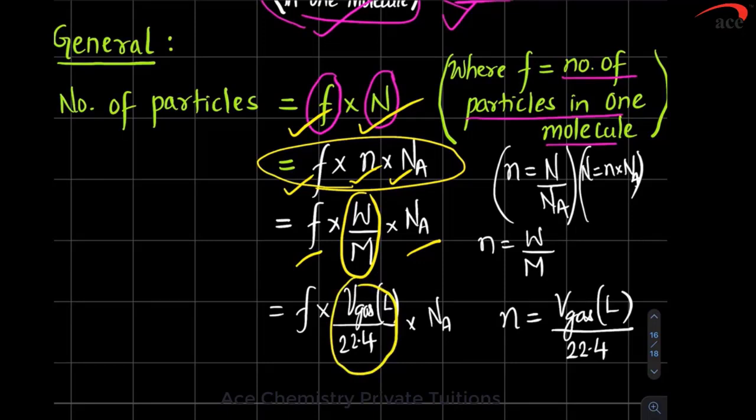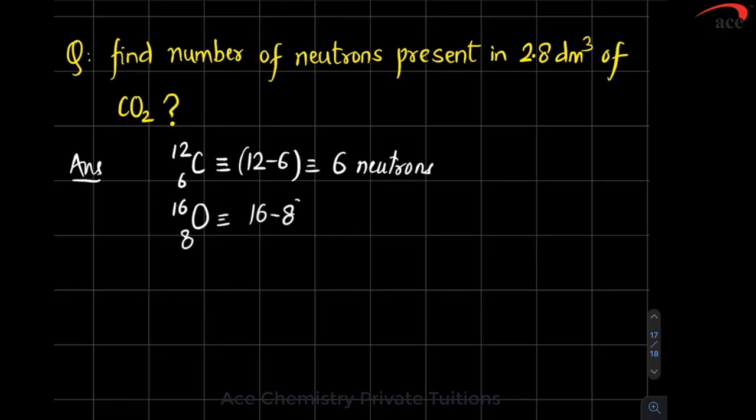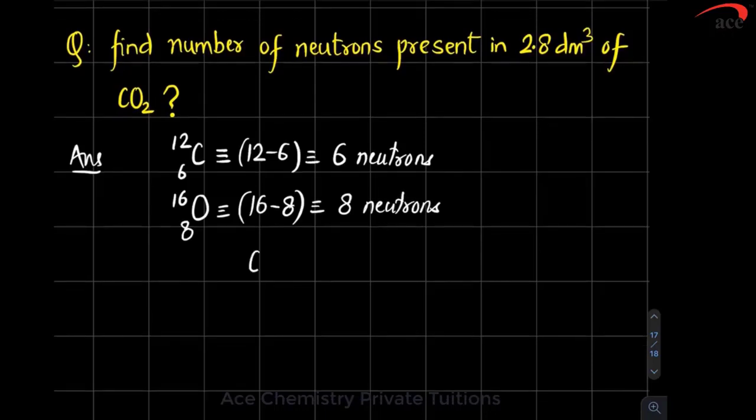You know carbon is 6, 12. We are talking about normal carbon. So 12 minus 6, that is 6 neutrons are present. If you take oxygen, 8, 16. 16 minus 8, it has 8 neutrons. So normal elements, normal isotopes will be considered.